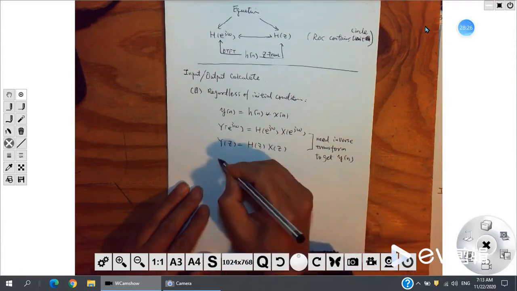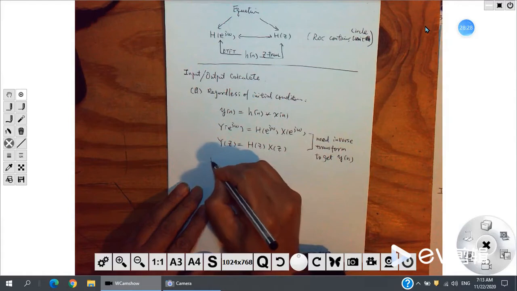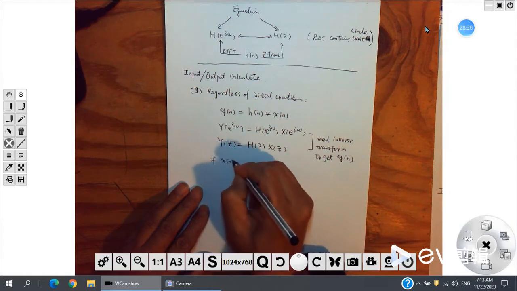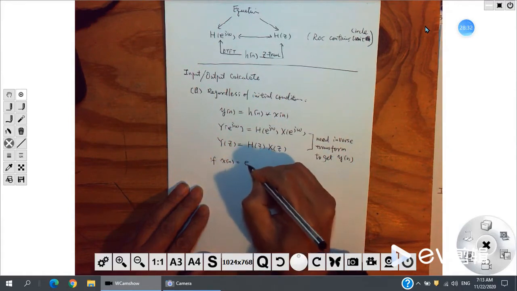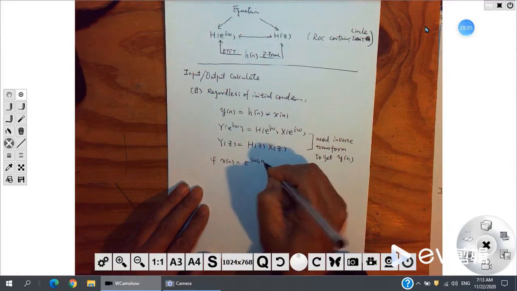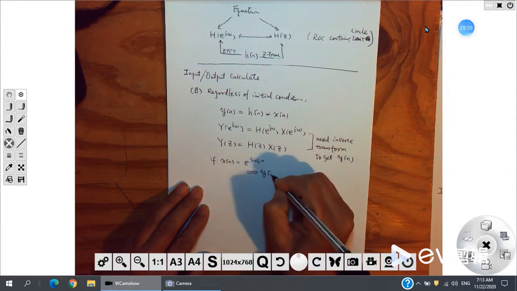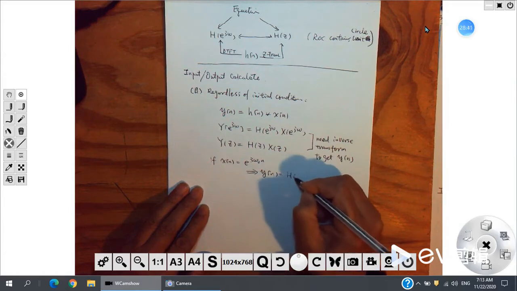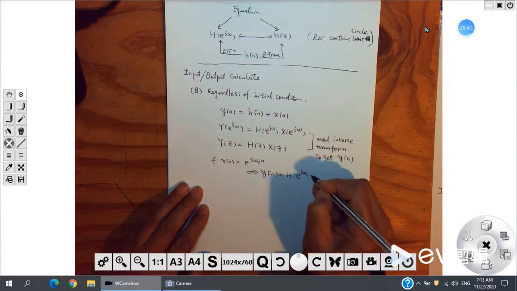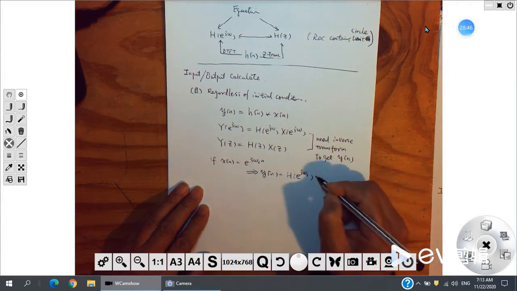And in a special case, if x of n equals e to the j omega 0 n, then y of n will be H of e to the j omega 0 times the input.